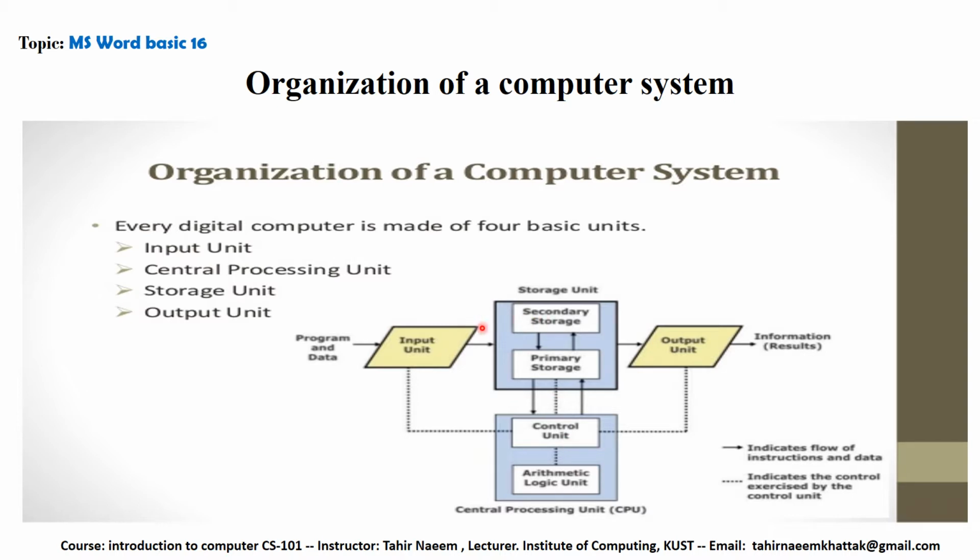Input data and programs are entered through the input unit, then carried through storage devices towards the control unit or CPU. Here there is primary memory, primary storage or RAM. Besides primary storage, the computer also contains secondary storage. The central processing unit consists of the control unit, shortly known as CU, and the arithmetic and logic unit, shortly known as ALU.